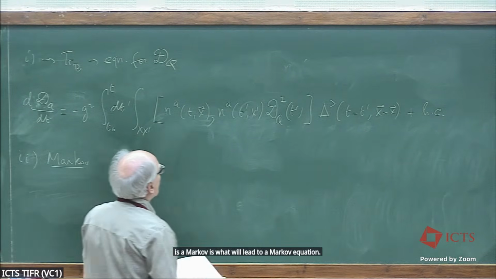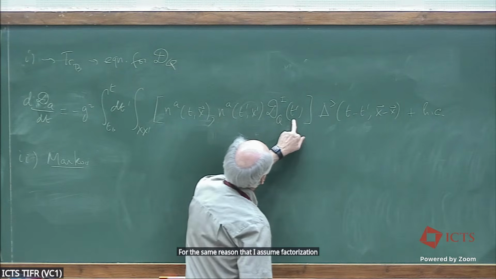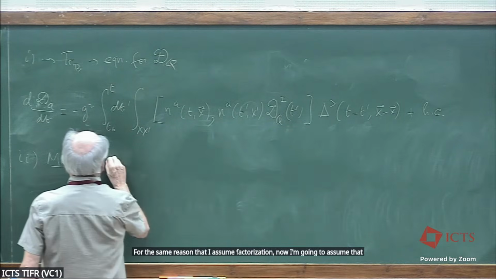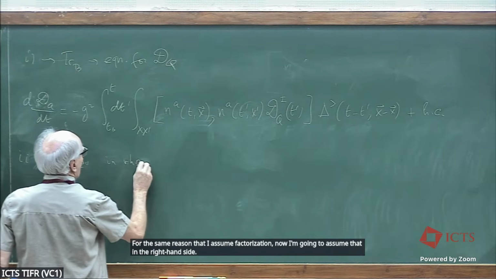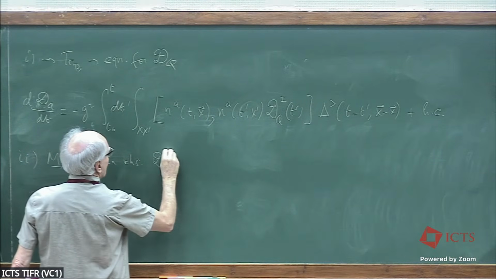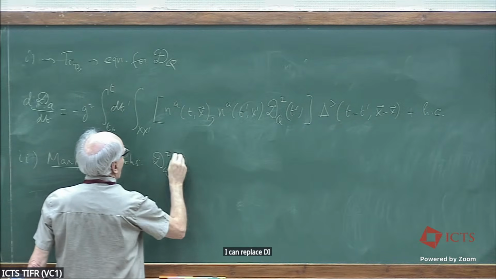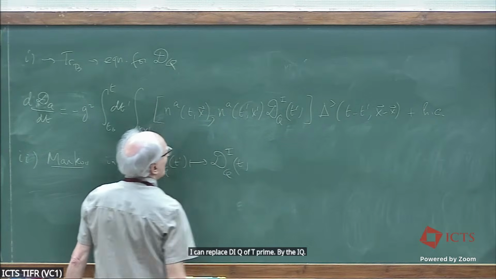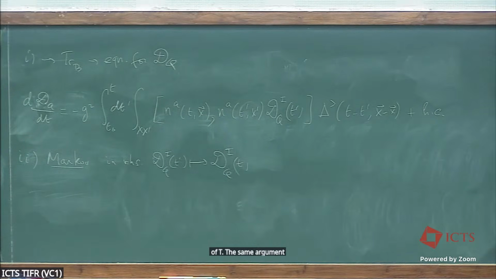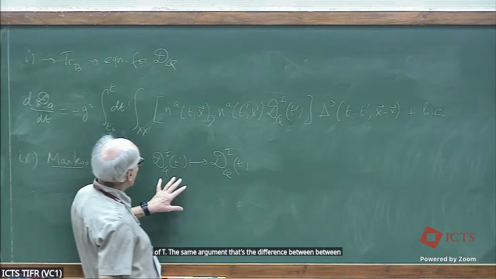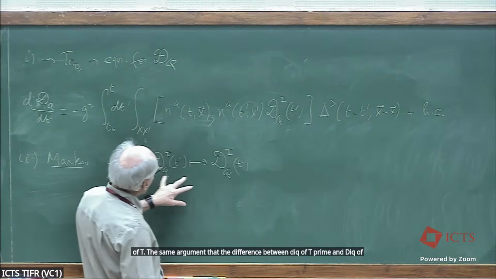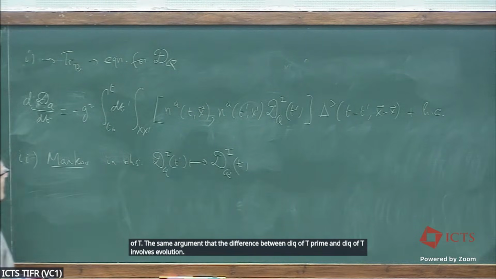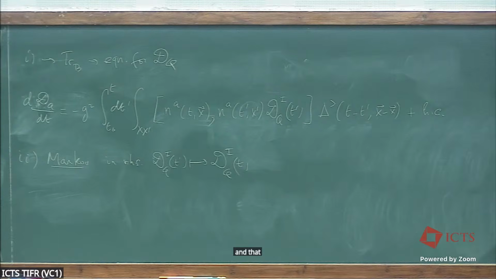For the same reason that I assume factorization, now I'm going to assume that on the right-hand side I can replace rho_q of t prime by rho_q of t. The same argument, that the difference between rho_q of t prime and rho_q of t involves evolution, and that involves higher order in the interaction with the medium.